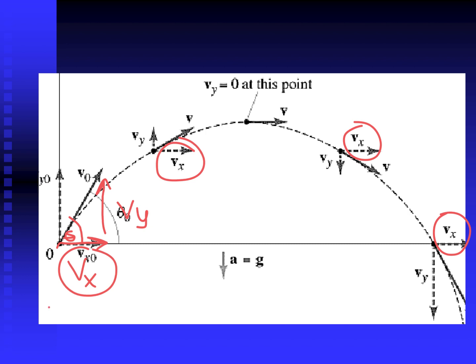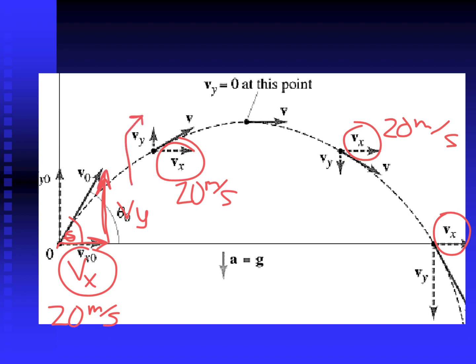So say it started at 20 meters per second, your x direction velocity would be 20 meters per second every single second. It's just constant. But Vy is a different story, right? If you start with an initial velocity upwards, every second it goes higher, it gets 9.8 meters per second slower. And then eventually at the top, the velocity in the y direction is 0.